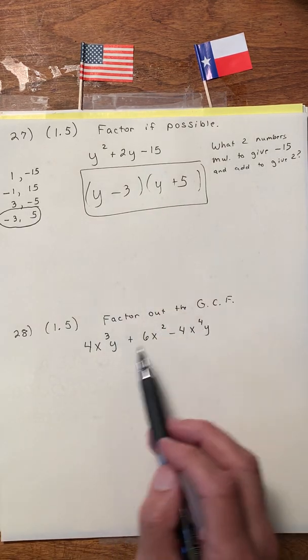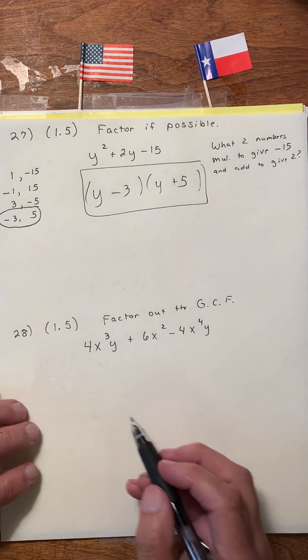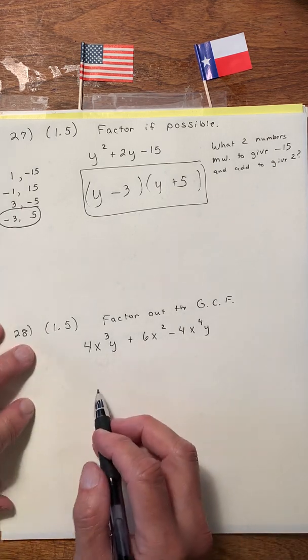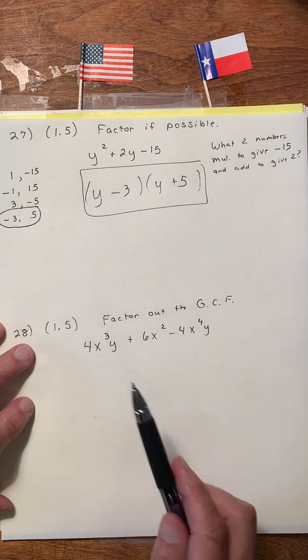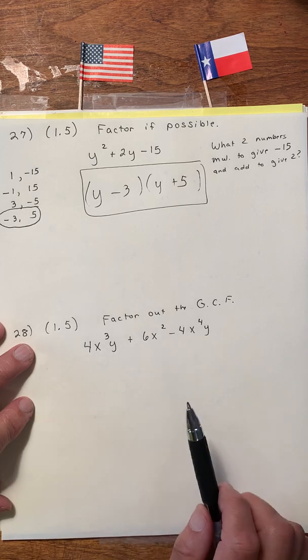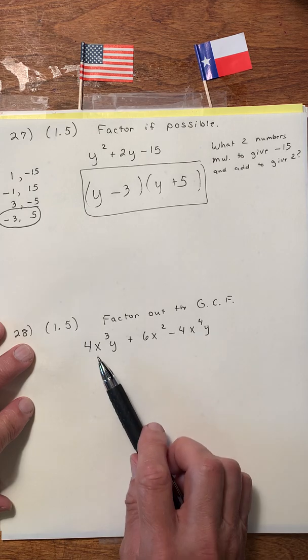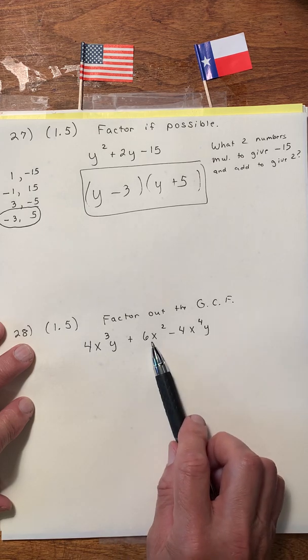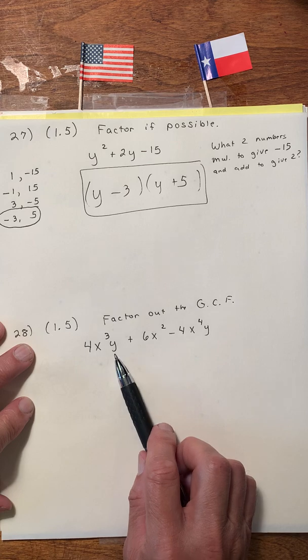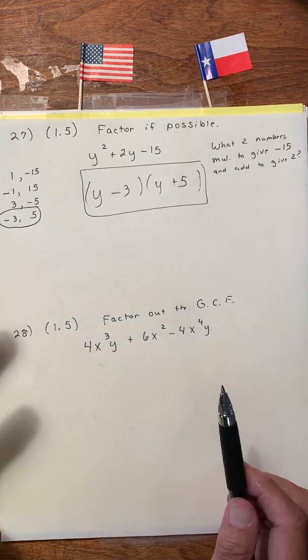Next, factor out the greatest common factor. So here's what I want to ask myself. I want to look at 3 different things here. Number 1, the coefficients. Number 2, the x's. Number 3, the y's. That's it.